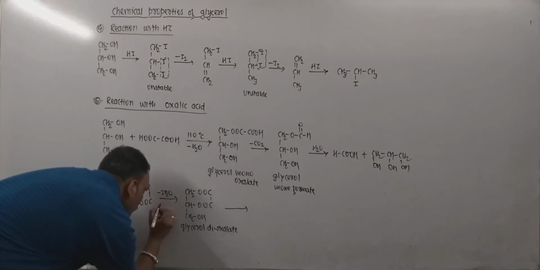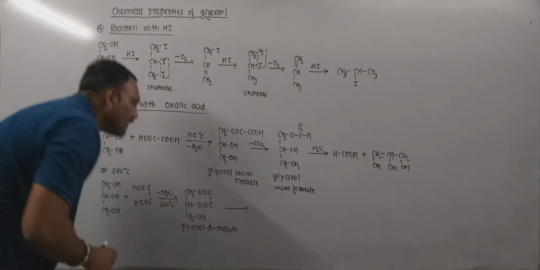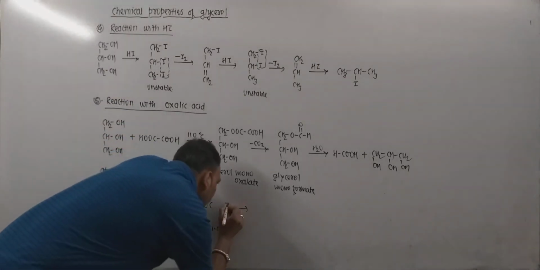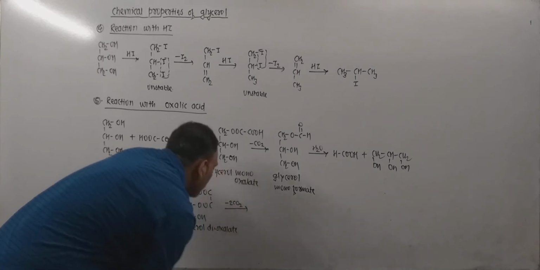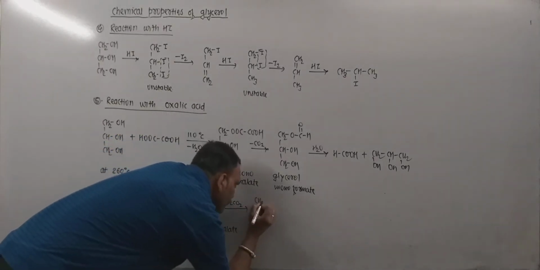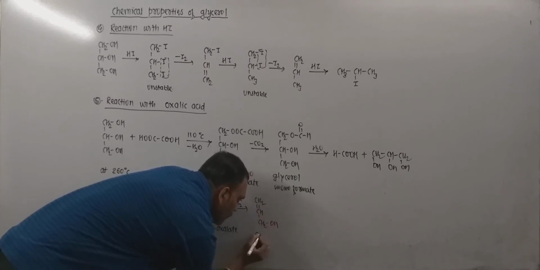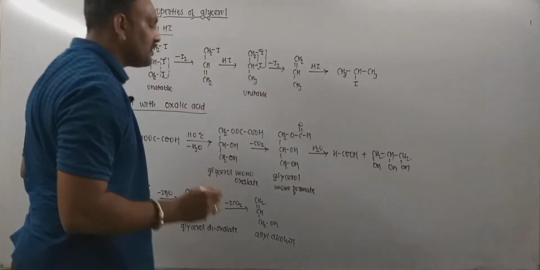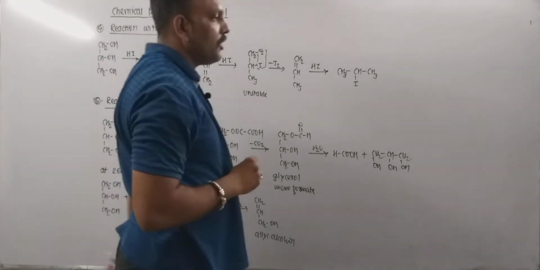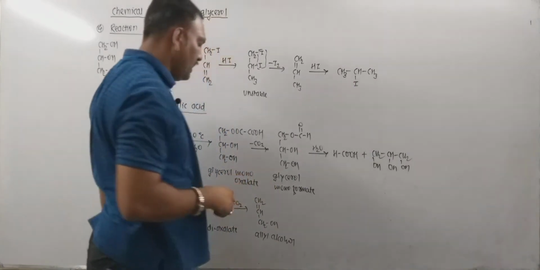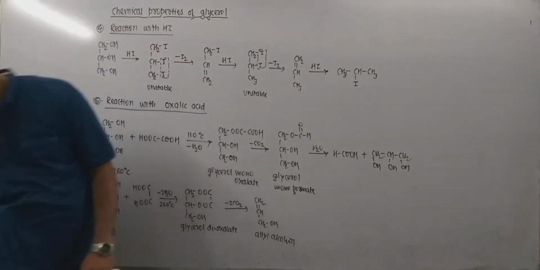So remember, we are heating at 260. Now on further heating, evolution of CO2 takes place, and that leads to the formation of a product we call allyl alcohol.